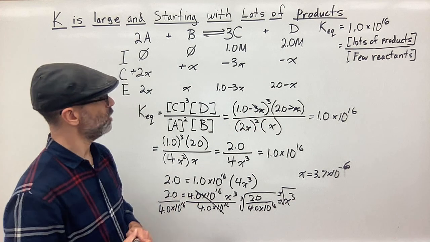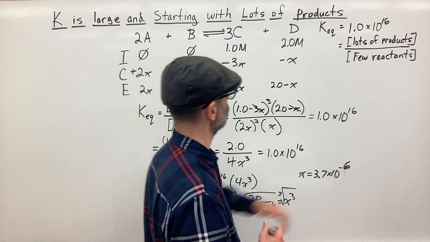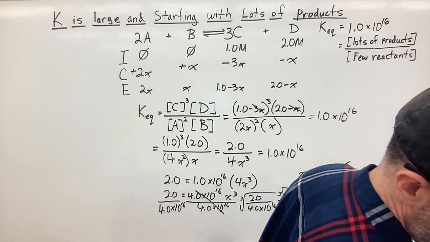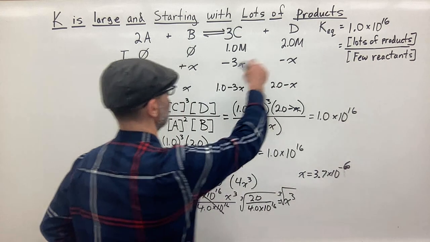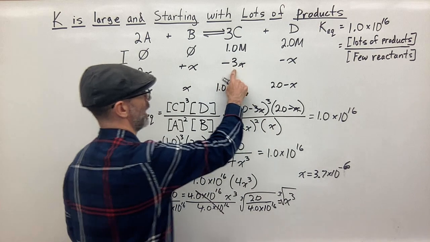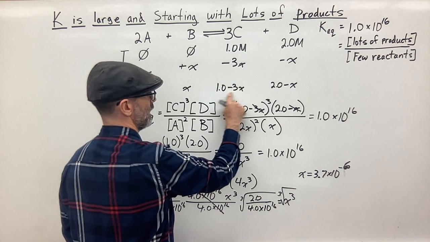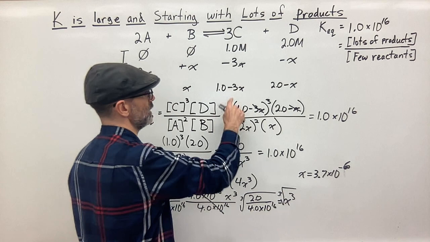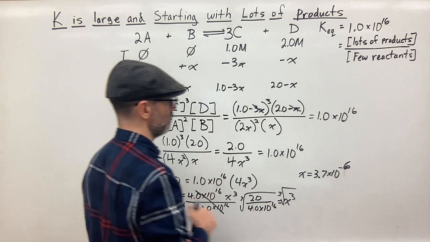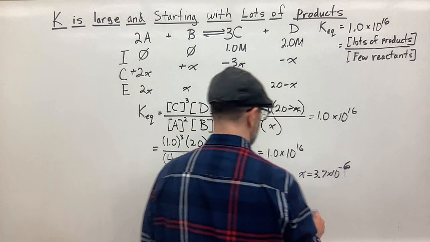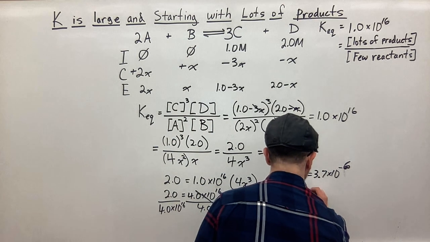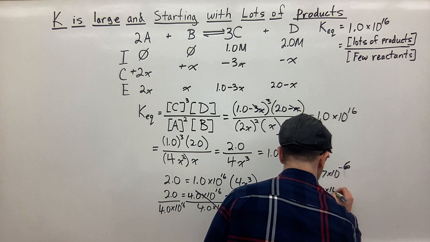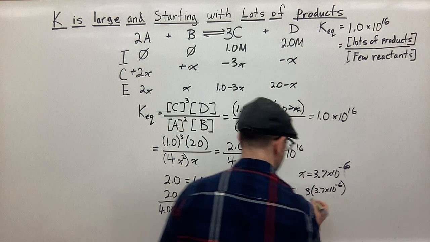So let's see. Here, let's take 3x. That's our change. This 3x here, we're subtracting it from 1, and we're going to see if that makes much of a difference. So the change would be 3 times 3.7 times 10 to the negative 6. That's our change.